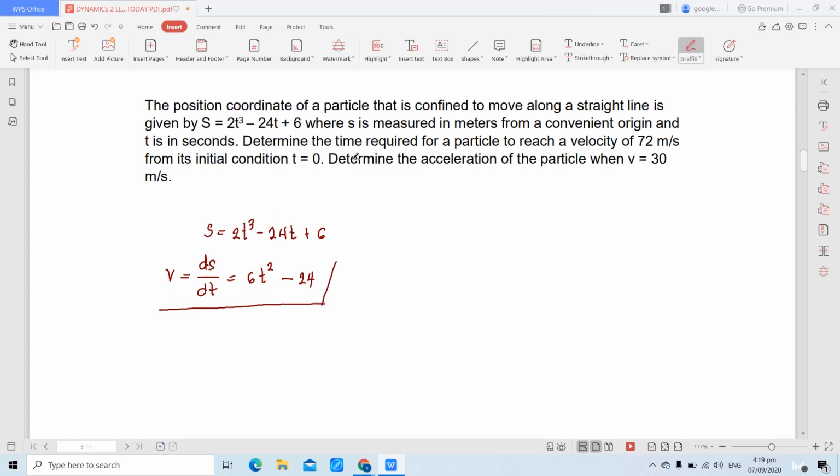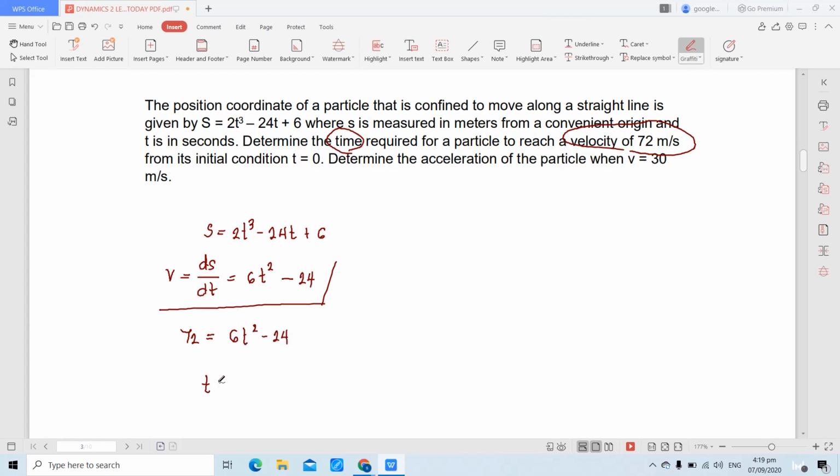O, tingnan natin ulit yung ating requirement. What is the time required when the velocity is 72 meters per second? So, substitute lang natin yun, guys. When the velocity is 72, that is equivalent to 6t squared minus 24. So, makukuha natin yung value ng time.